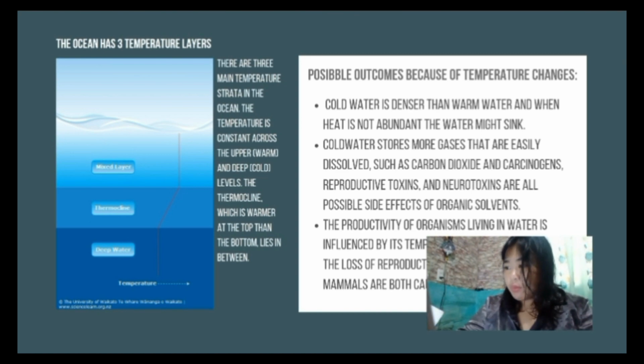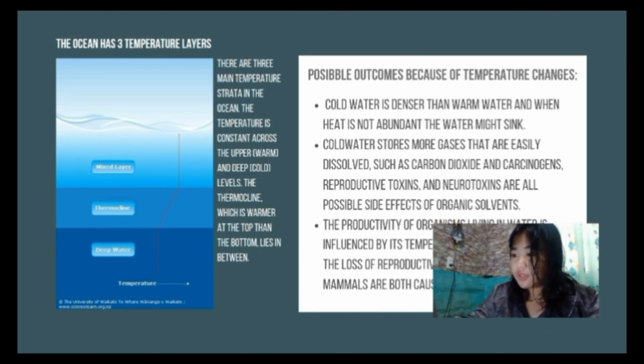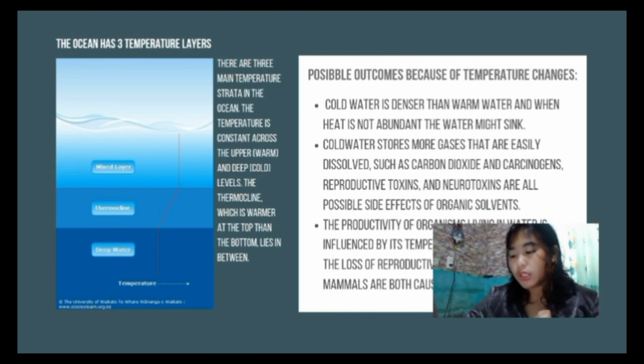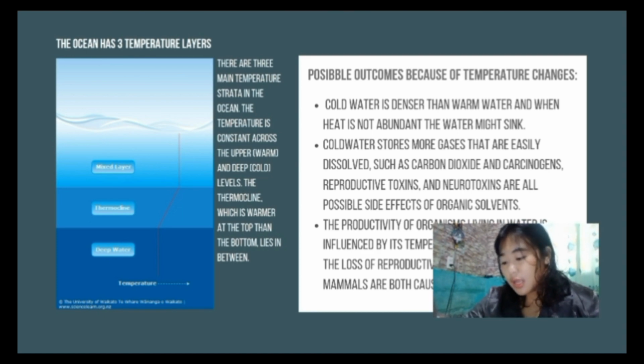So what is a thermocline? It is the transition layer between the warmer mixed water at the surface and the cooler deep water below. The temperature changes because of certain properties. So in extreme cases, the water surface temperature can go as low as negative 1.9 degrees Celsius, which is the freezing point of seawater.